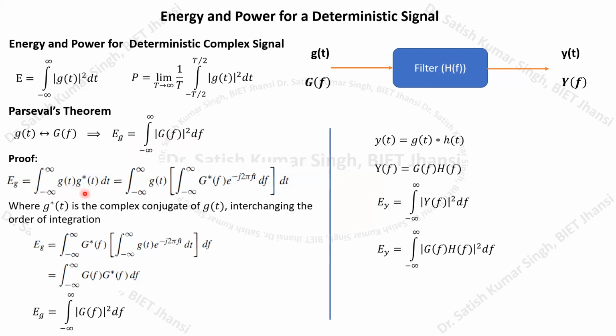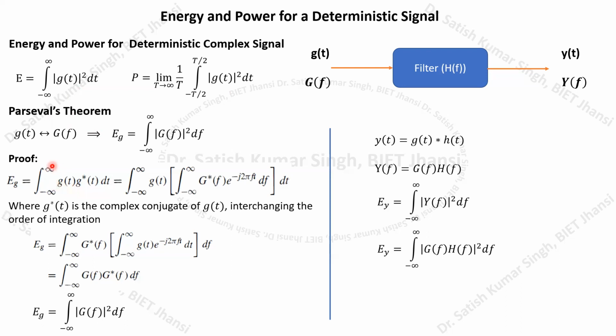Those who are interested can see it. This expression I have derived for the complex signal, but it is also valid for real signals. If we are talking about a complex signal g(t), its energy will be given by the integral from minus infinity to infinity of g(t) times the complex conjugate of g(t) dt.